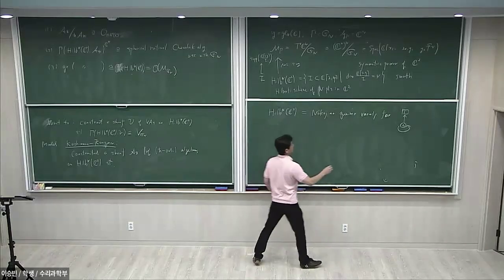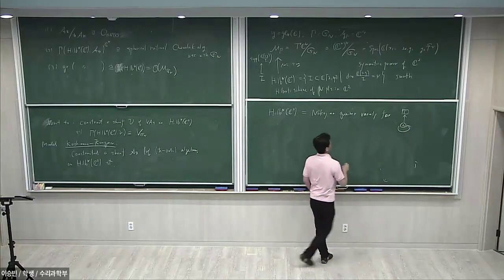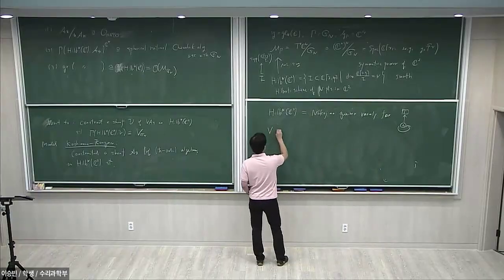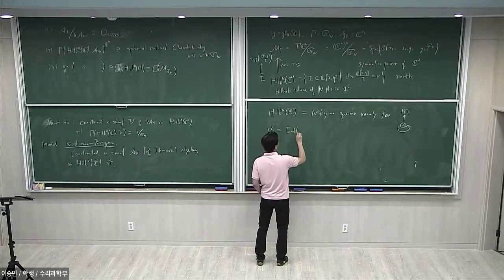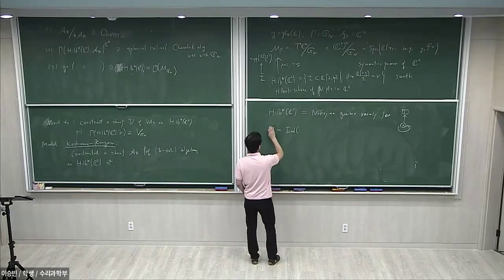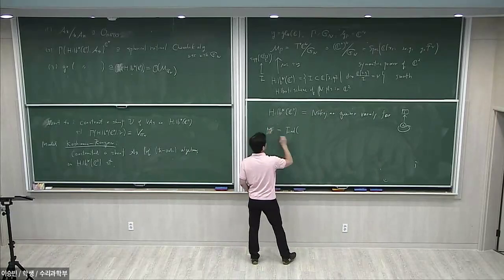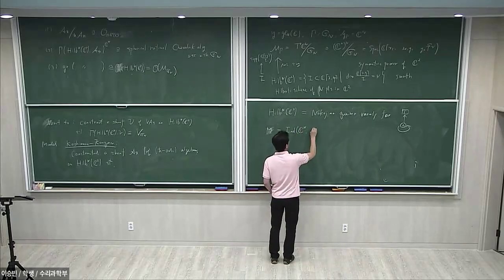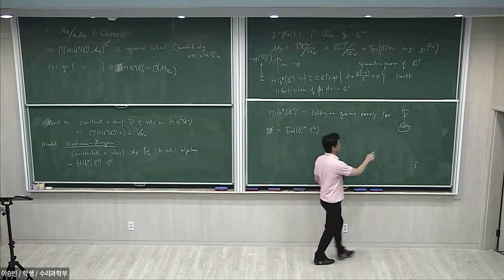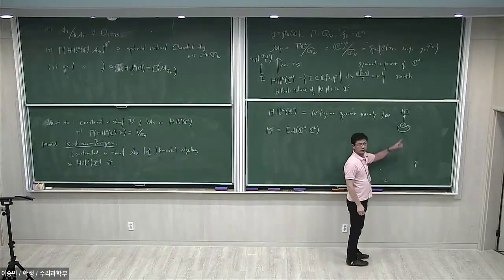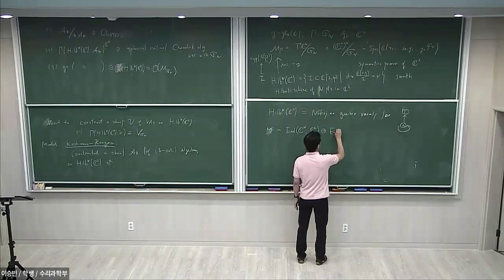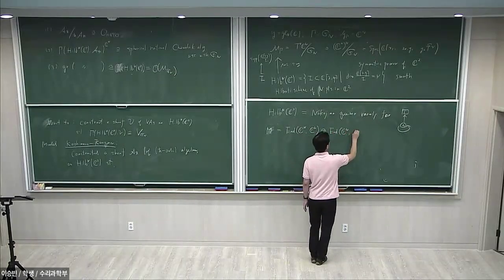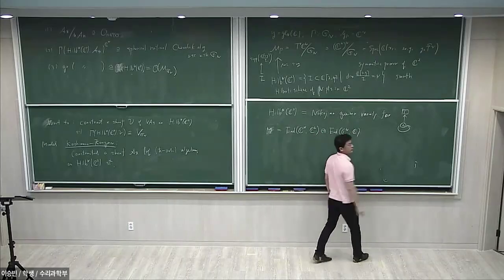So for this quiver, you associate a vector space. This is End of C^n, maybe I should not use that notation. So this represents this arrow, and C^n to C, which represents this arrow.